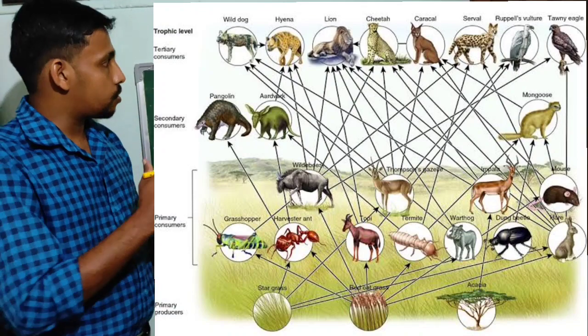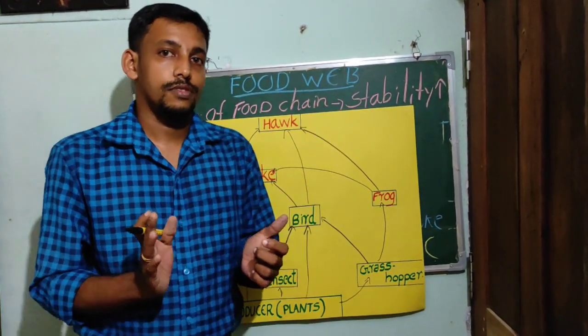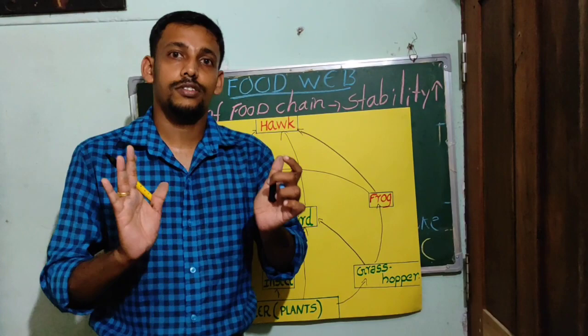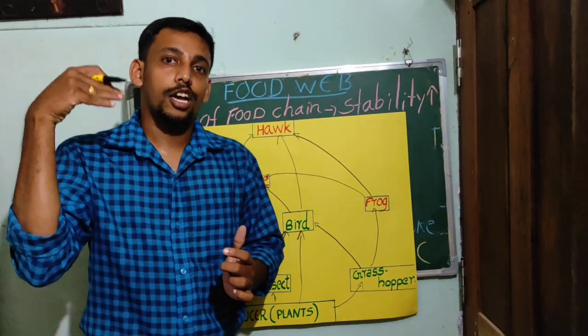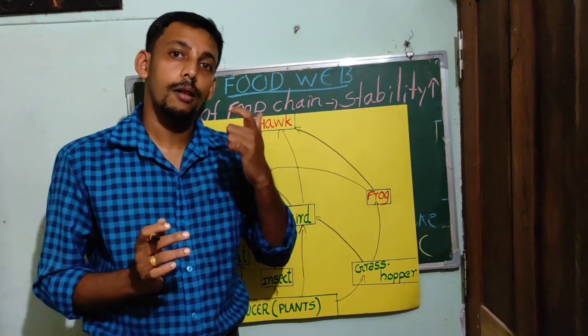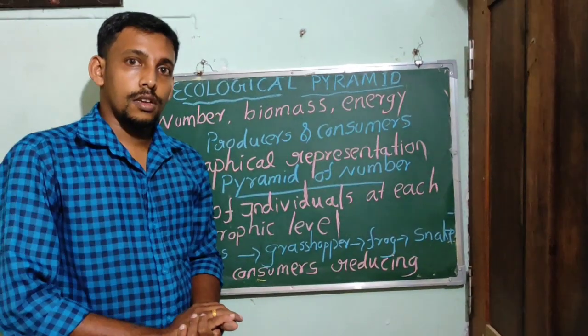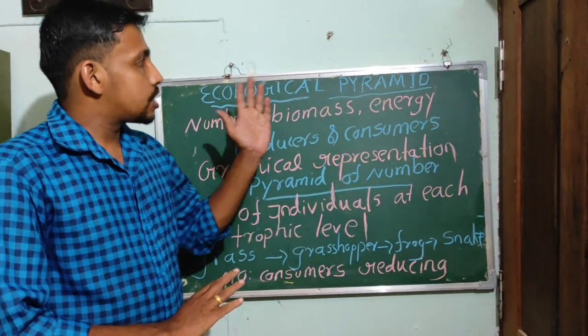So now we are moving to study the pyramids, the energy pyramids and the number pyramids. There are some ecological pyramids, so we are going to study them. Now, the ecological pyramid.